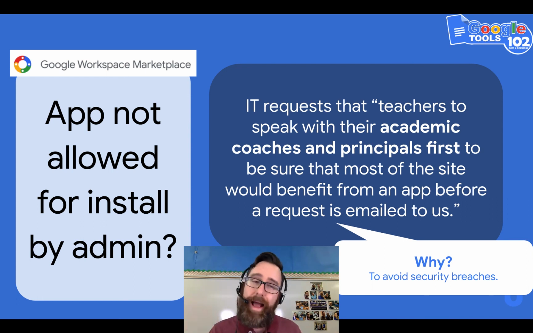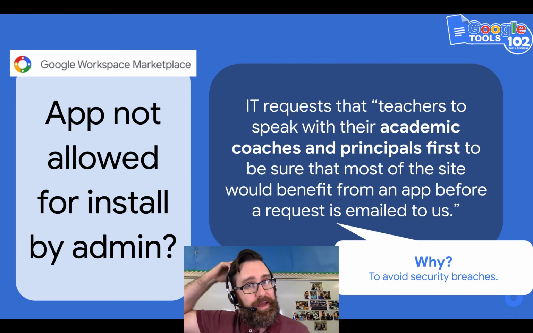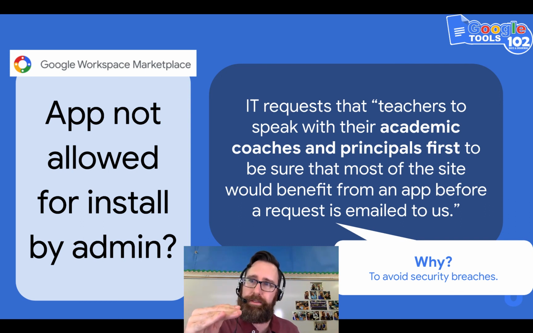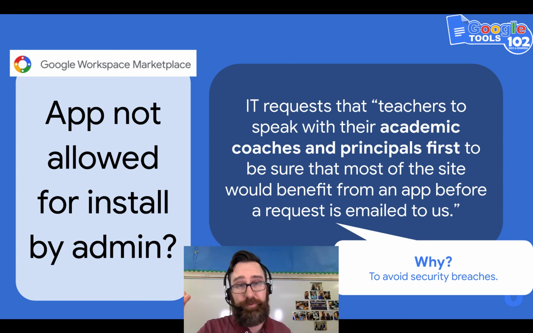So if you find an app that's not allowed, it's not a no, it's a you need to talk to your academic coach and principal to see if this would be helpful for your whole site. Then have your academic coach or principal shoot an email over to support@pbvusd.k12.ca.us and request the app they want to request, the web address for that app, and also the reason why we want to use that app, why it's helpful for teaching and learning.